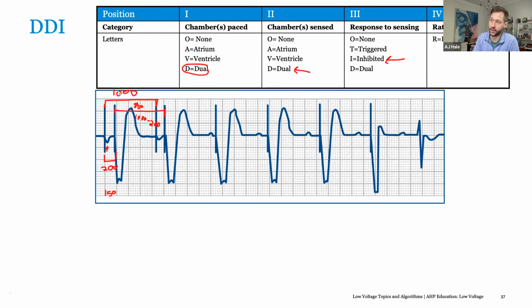Because instead of 1000 milliseconds, this would be 800 milliseconds after the ventricular event occurred. So if the ventricular event occurs here, it waits 800 milliseconds and then it atrial paces. And that means your total atrial timing is 950 milliseconds.